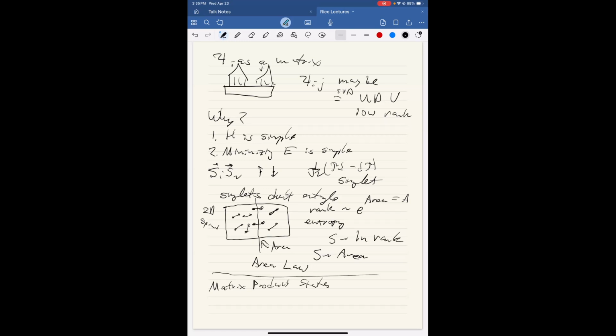Okay, so I've tried to motivate that if you took this, and maybe you do it from an exact diagonalization and you cut your system in two, you find that it has low rank. How big a rank? We're talking about 10 to 100 for a simple spin chain. So really exponentially smaller, just a small size rank.